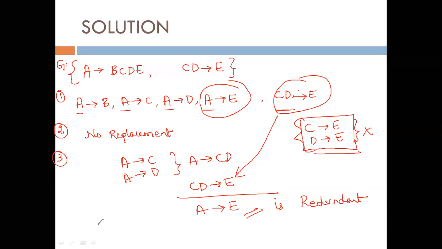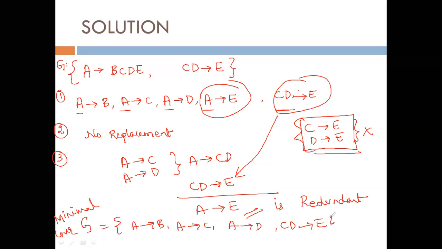So after step 3, our minimal cover G will be like this: A determining B, A determining C, A determining D, and CD determining E. Further minimization is not possible, so we combine the functional dependencies where the left side is the same.